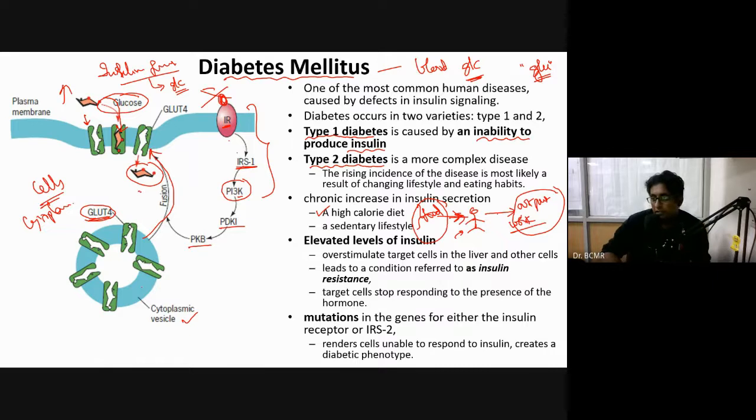So the cells become used to the amount of insulin secreted into the blood, and they develop a kind of insulin resistance, because of which they don't respond to insulin as much. There are also other causes, such as mutations in some of these proteins, which may result in resistance to insulin.